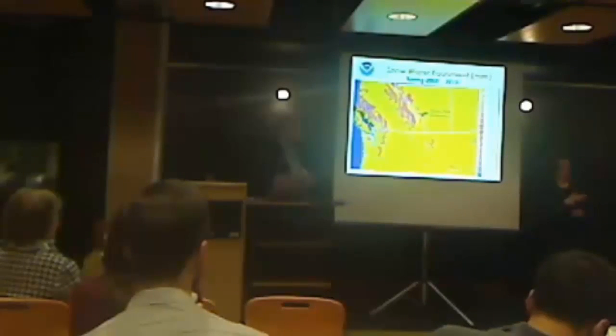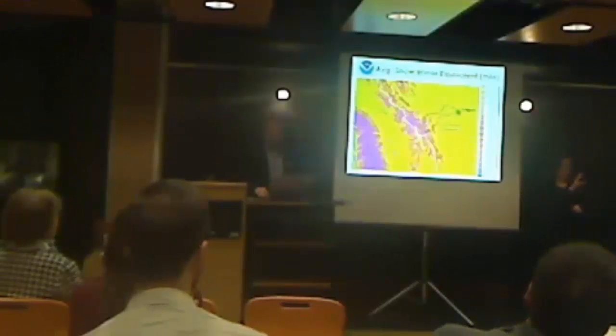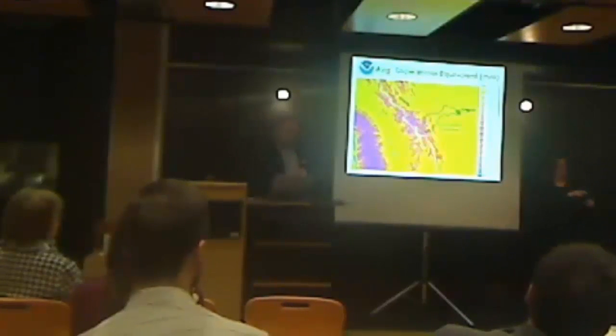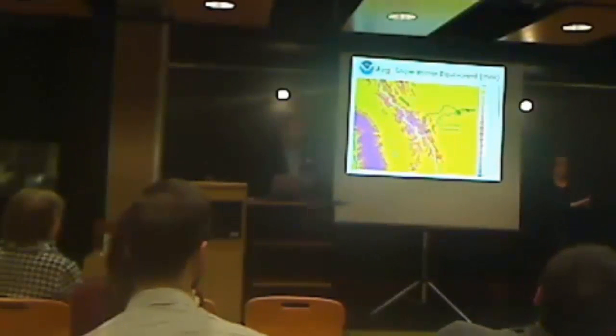This is all freely available on the NOAA website. What we were looking for was average snow water equivalency within that particular watershed. The data is provided at 1 kilometer resolution, so you can get a very nice historical trend.